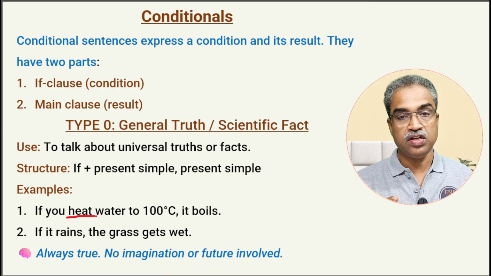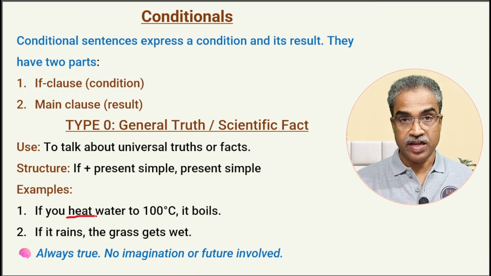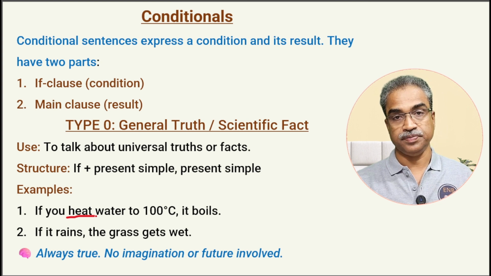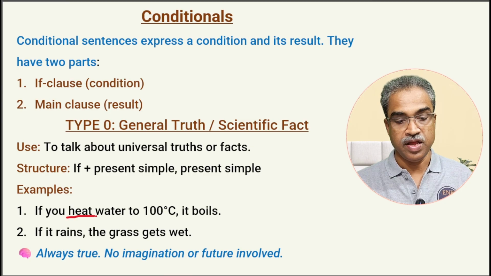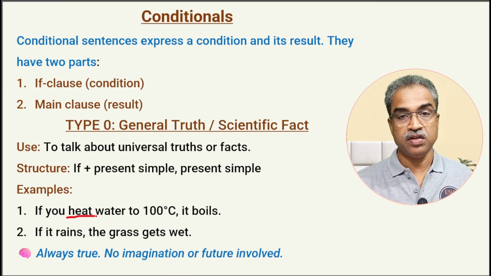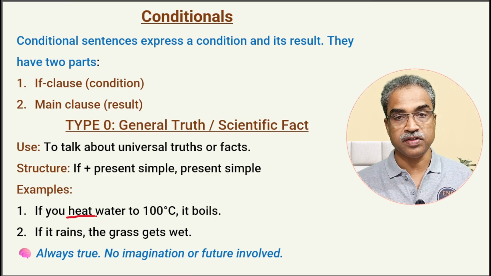So if you heat water to 100 degrees Celsius, it boils. Third person singulars, he, she, it writes. So instead of writes, we have here boils. So boil and heat are two verbs here. If you heat water to 100 degrees Celsius, it boils.